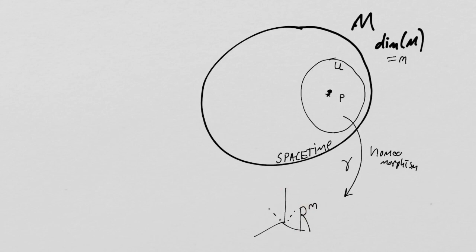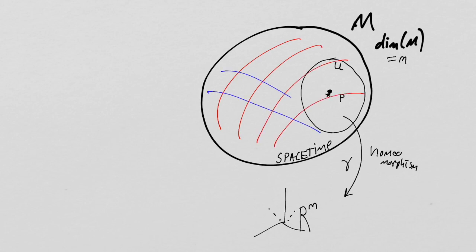Now, in order to simplify this picture, what we usually do is draw the coordinate lines directly on the set that we're calling the manifold, right? So we would draw some coordinate lines like this, and what we're really doing is taking this mapping from these charts and throwing it all into the manifold.